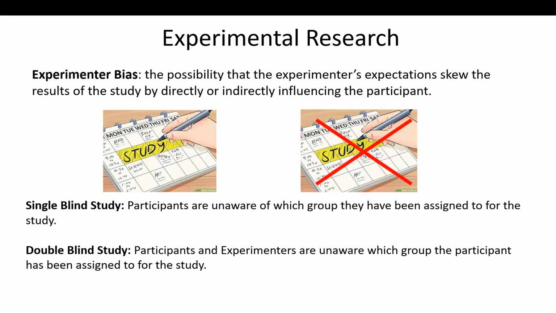But the researcher doesn't know which folder they're giving the participant. This way, both the participant and the researcher don't know which folder the participant will receive after they complete the 1 hour in the lab. And this minimizes both the participants' and the experimenter's biases that may change the participant's natural behavior.